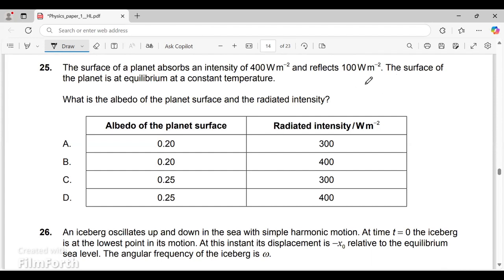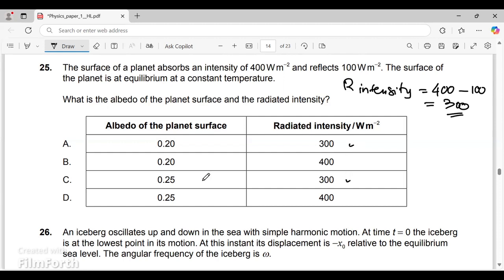The radiated intensity equals the incident intensity 400 minus the reflected intensity 100, and it is 300.